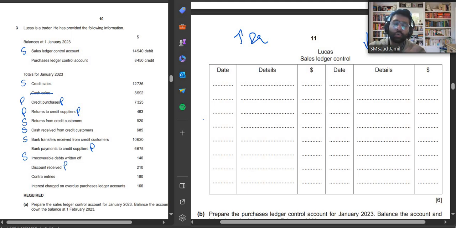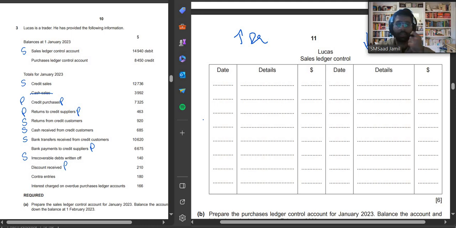Contra entry. Look, what does contra entry mean? For example, it's me and you. You bought some things for me and I bought some things from you. All right. So instead of giving each other money, we will just contra the entry. For example, you bought something worth $1,000 from me. I bought something worth $700 from you.